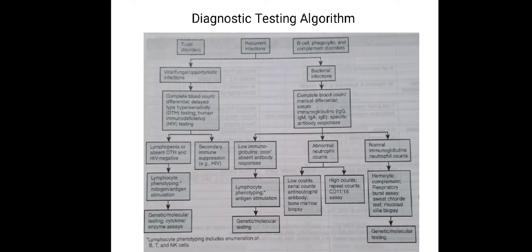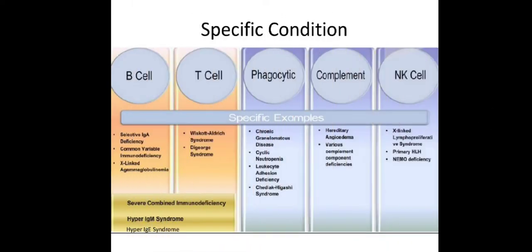So you have seen the normal immune system, its components, the diseases of each component, and how they present. Now the specific examples are the specific diseases of each subtype. B cell defects: selective IgA deficiency, common variable immune deficiency, X-linked agammaglobulinemia. T cell defects: Wiskott-Aldrich syndrome, DiGeorge syndrome.